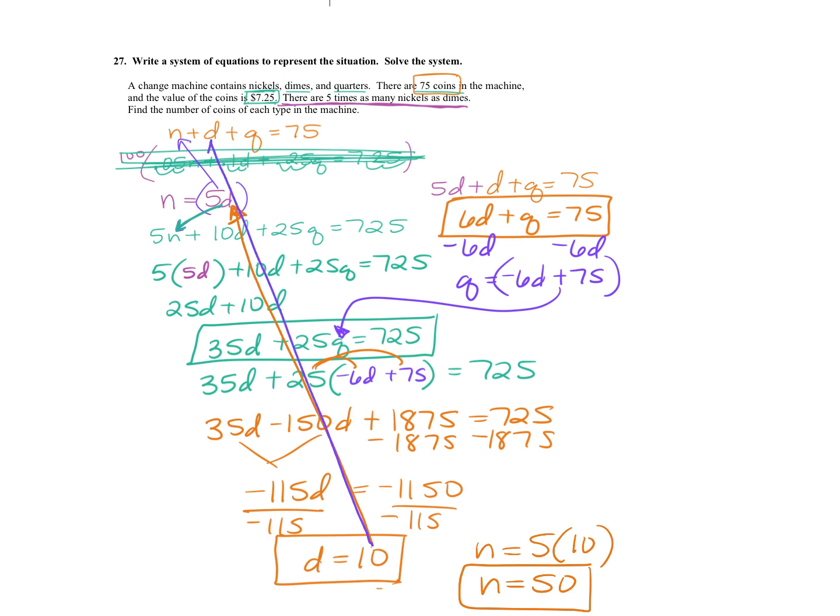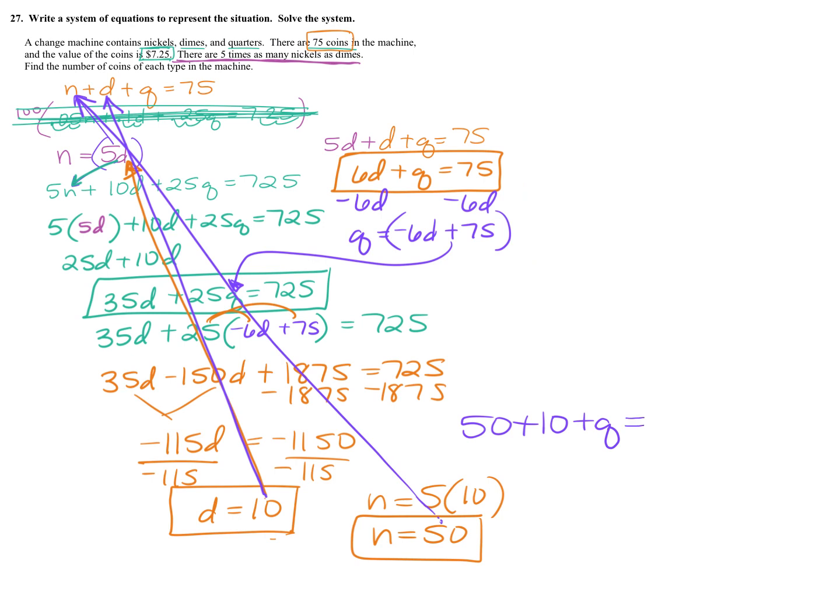So D and N. So we're going to say 50 plus 10 plus however many quarters we have is a total of 75. So take away 60 and we will have 15. What does that mean? 15 quarters. 15 quarters, 10 dimes, 50 nickels.